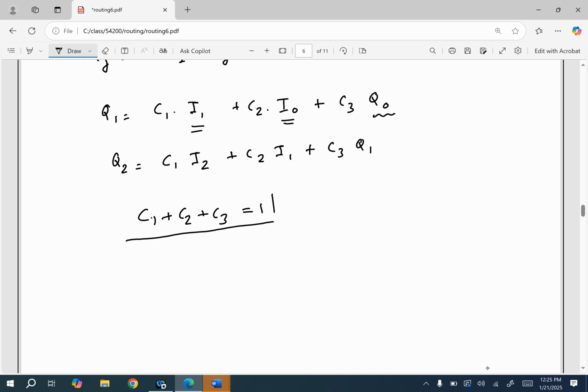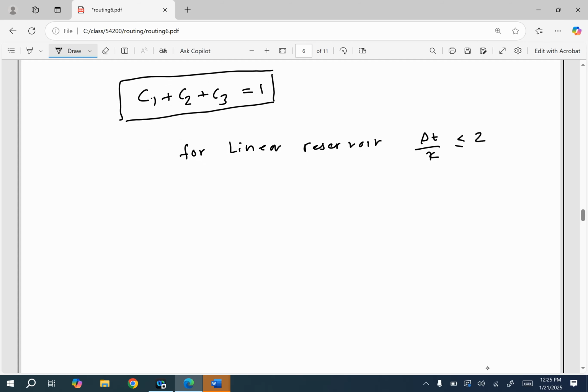Okay, so this condition is satisfied in Muskingum routing, and similar to the stability criteria we had for linear reservoir, where delta t over k should be less than or equal to 2, we have a condition for Muskingum, which is 1 over 2(1 minus x) should be less than k over delta t, which should be less than 1 over 2x.